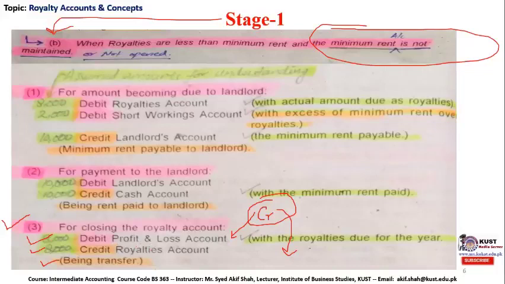The royalty fee was 8,000, which needs to be written off or transferred to the profit and loss account, and the remaining amount which was paid in excess of the royalty fee was 2,000.